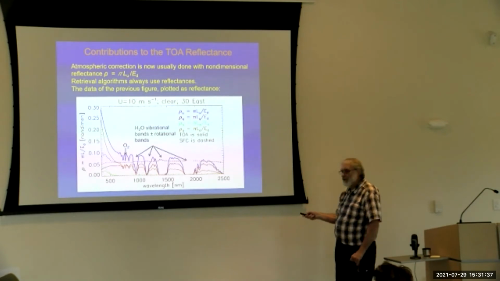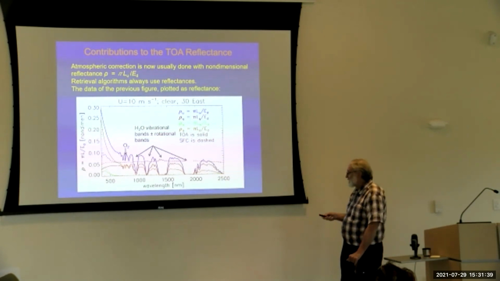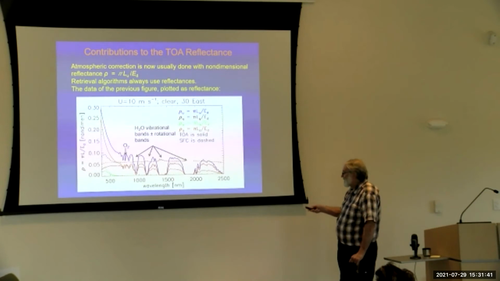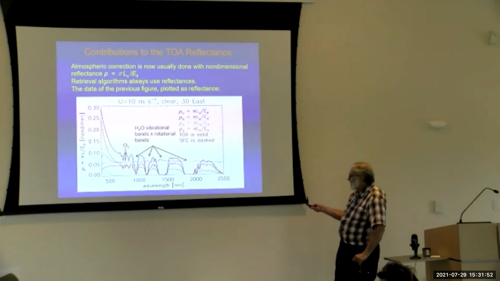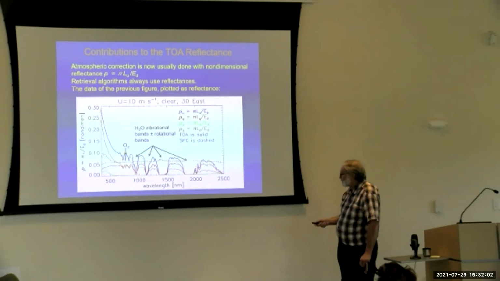So they're using an AOP rather than a radiometric variable. So here's the same thing we just saw, but plotted in terms of reflectances. And once again, here's our water leaving part. Here's the total. Here's the aerosol part, et cetera. And then these gaps here are sucked out by the atmosphere.